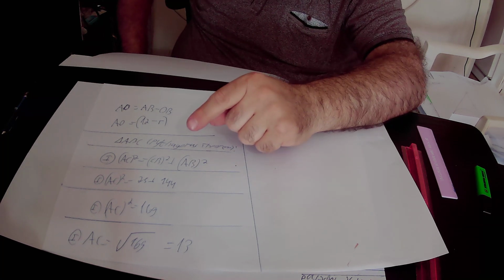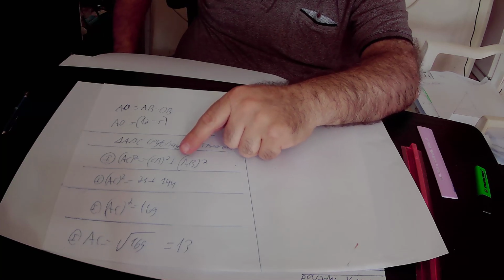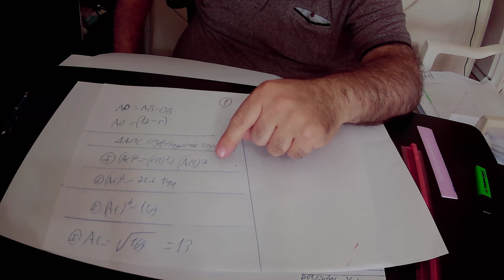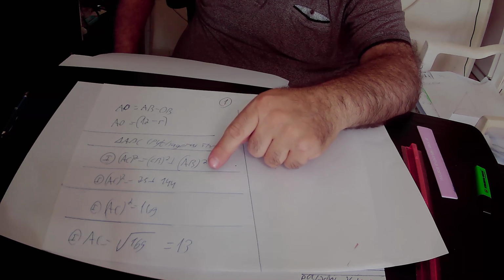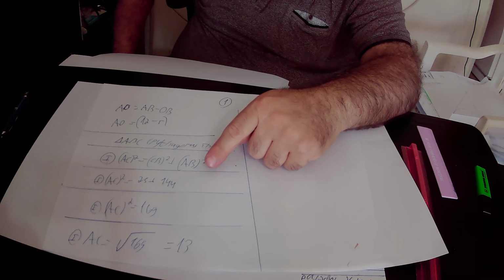So AC square equals CB square. CB is 5, so CB square is 5 square. 5 square is 25, plus AB square. AB is 12, so AB square is 12 square. 12 square is 144.